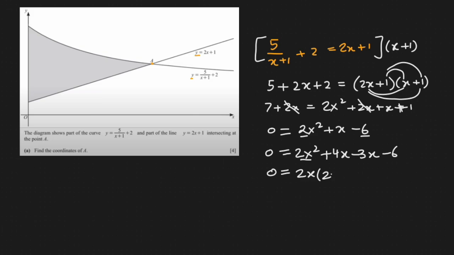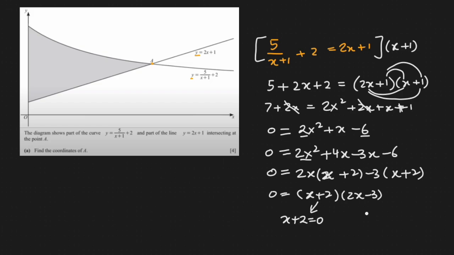Not 2, just x. x plus 2, minus 3 times x plus 2, equal to 0. x plus 2 is common in both. So what is left? 2x minus 3. If I make this equal to 0, so that the multiplication is 0, this gives me x equal to minus 2. And this gives me 2x equal to 3, which is x equal to 3 over 2.